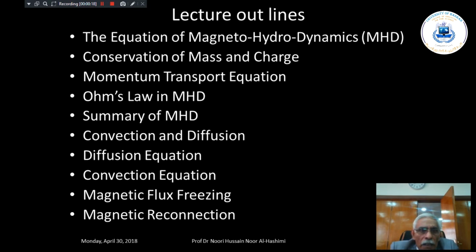Lecture outline: the equations of magnetohydrodynamics (MHD), conservation of mass and charge, momentum transport equation, Ohm's law in magnetohydrodynamics, summary of magnetohydrodynamics, convection and diffusion equation, convection equation, magnetic flux freezing, and magnetic reconnection.